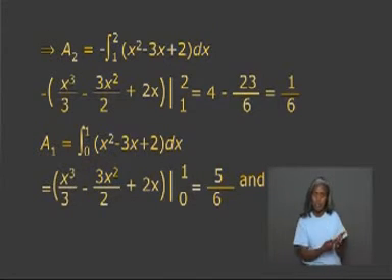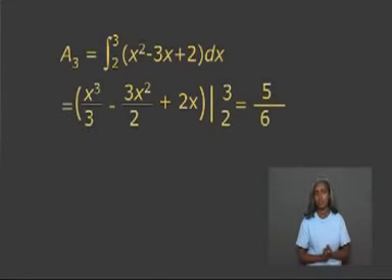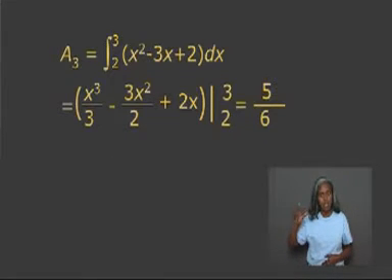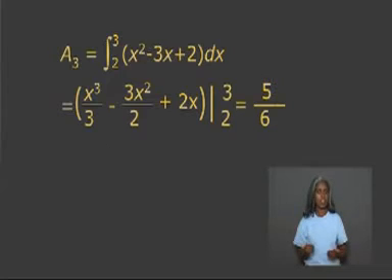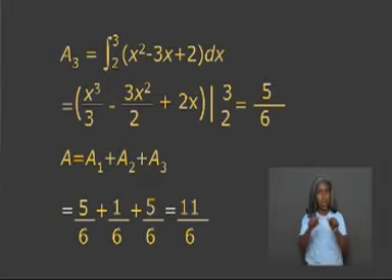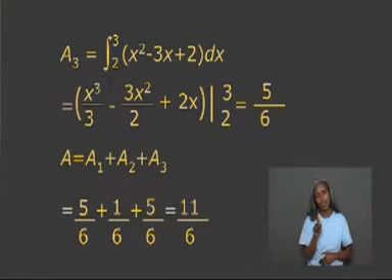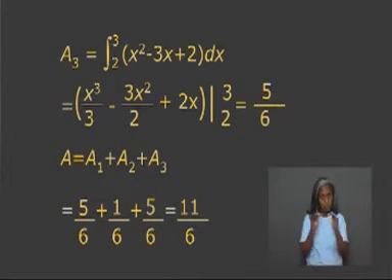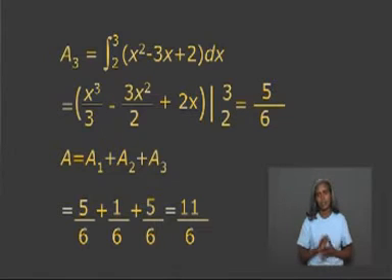Here are their respective solutions. As you can see, because they are symmetrical, they each have the same area, 5/6. To discover the total area of the region bounded by the curve, we simply add A1, A2, and A3. The sum is 11/6, which is our answer.